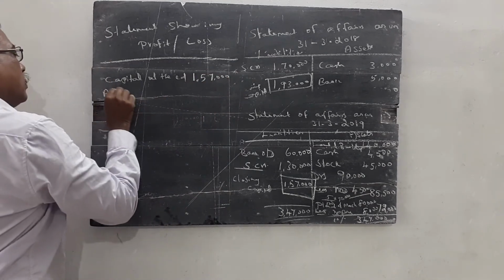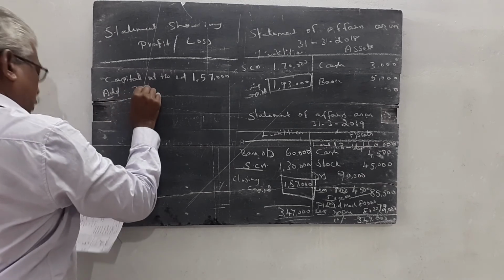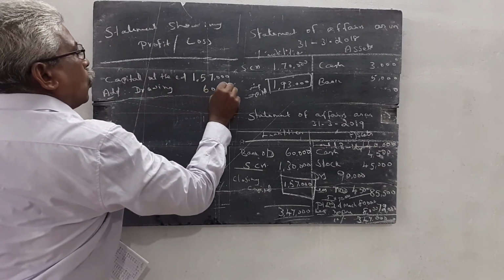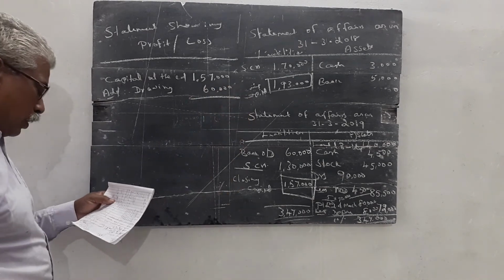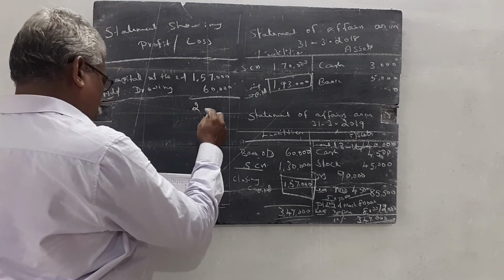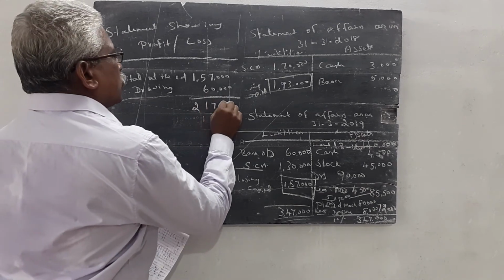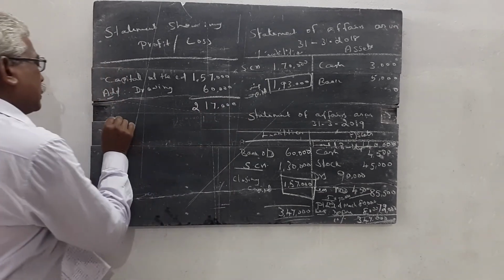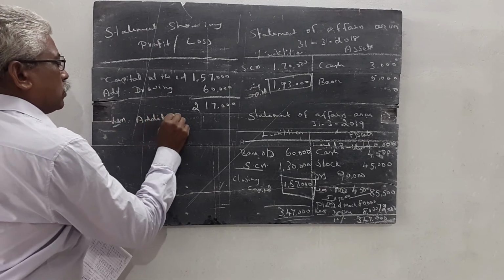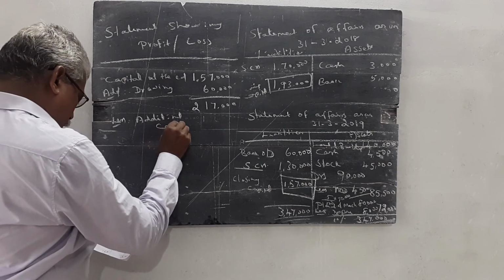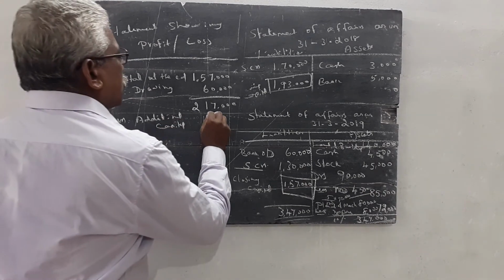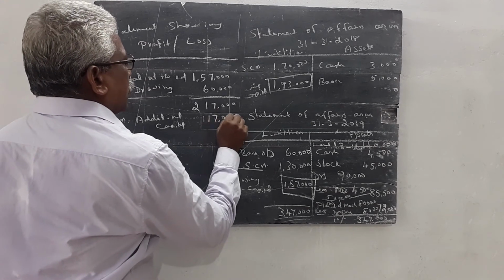Add drawings. Drawing amount is 60,000. 1,57,000 plus 60,000 is equal to 2,17,000. Less additional capital. Additional capital is given in the question itself, 17,000.